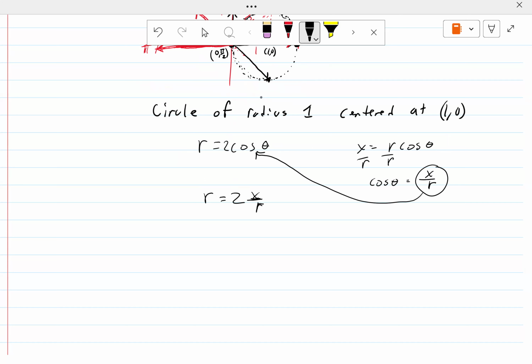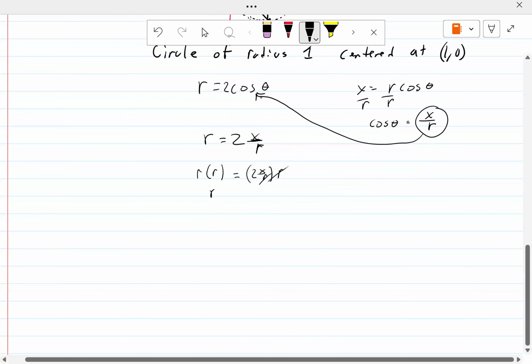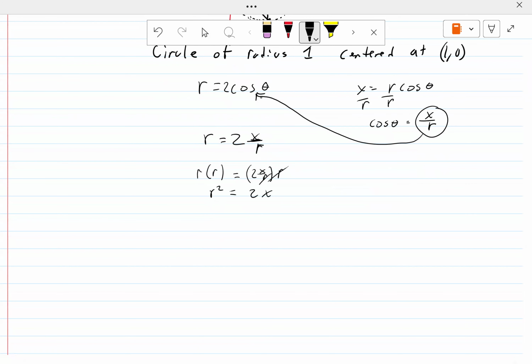Now I'm going to multiply both sides by r. I get r times r is equal to 2x over r times r. I'm going to cancel out that r. I get r squared is equal to 2x. But what do we know r squared to be? From the Pythagorean theorem, we know r squared is x squared plus y squared.